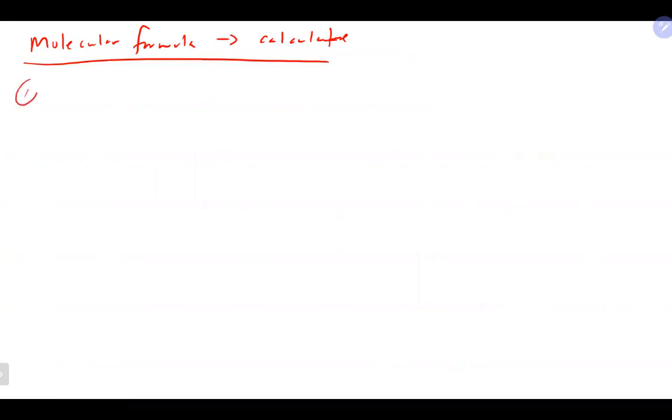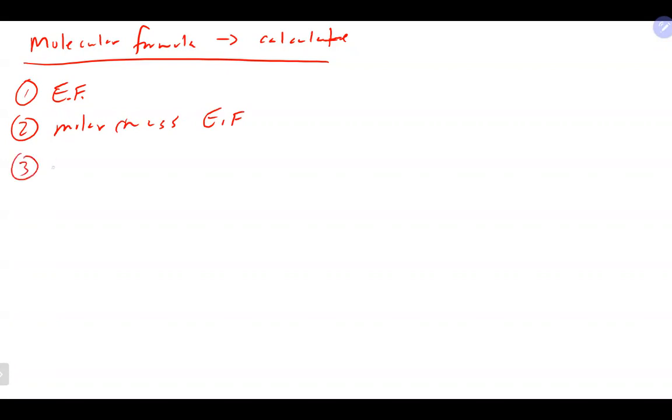Now, with this, we also talked about how to calculate the molecular formula. And pretty much you need 3 things to calculate the molecular formula. You need the empirical formula, so either you need to calculate it yourself or it's given to you. You need the molar mass of the empirical formula, again, either given to you or calculated.